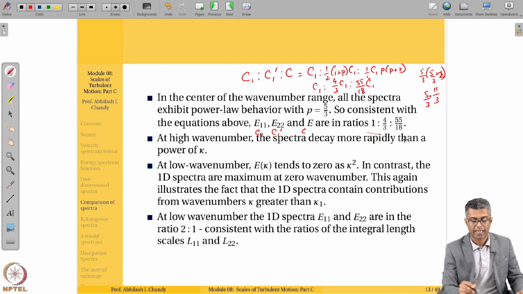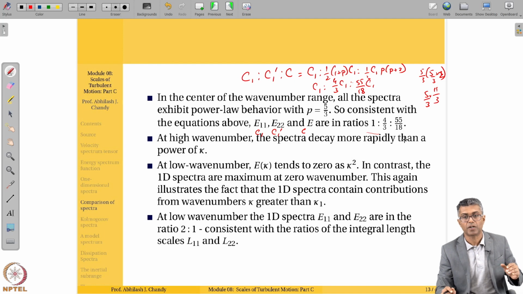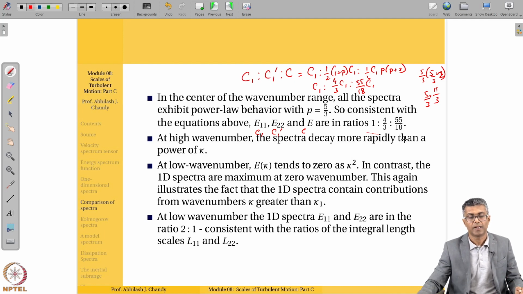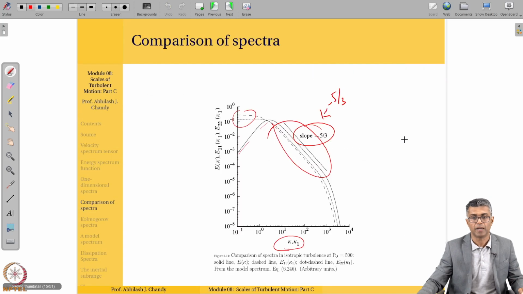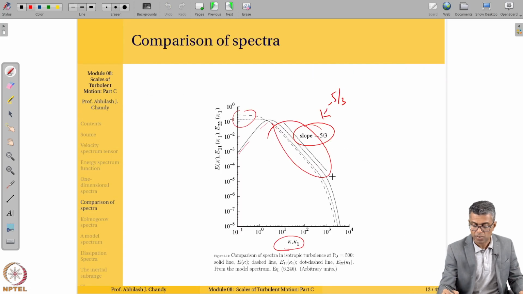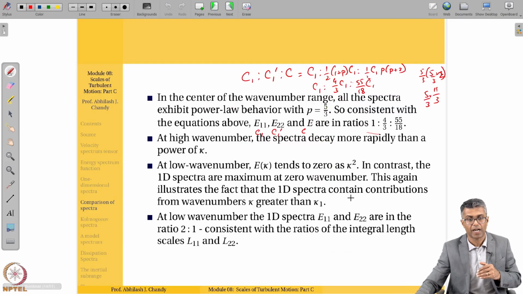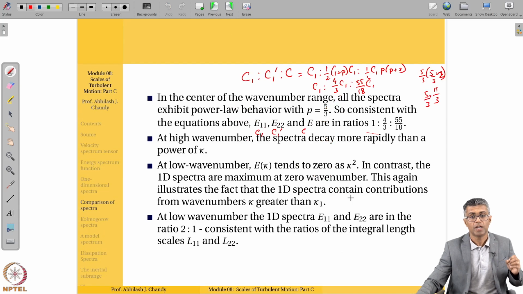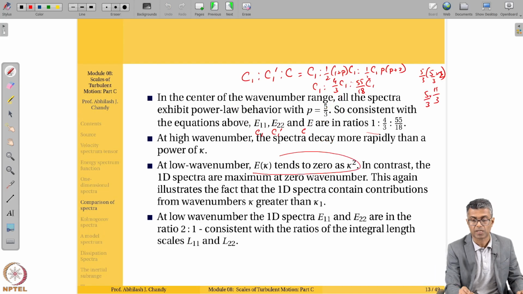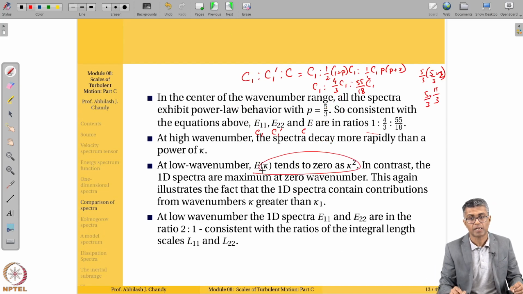Another point, at high wave number, the spectra decay more rapidly than a power of k. They decay more rapidly. So here, as you can see, they are decaying much more rapidly than a power of k at very high wave number. At low wave number, E of k tends to 0 as kappa squared. In contrast, the 1D spectra is maximum at 0 wave number.